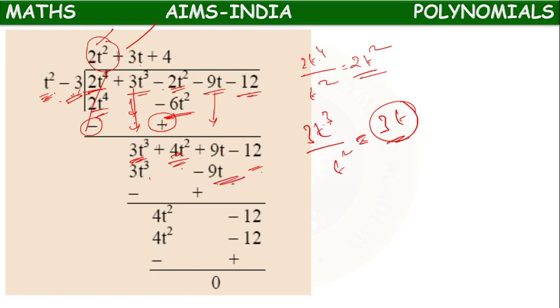We will write it under 9t. This we leave the same as it is. Next, symbols change, minus plus. 3t cube minus 3t cube cancel. 4t square we can take like that only. Plus 9t.